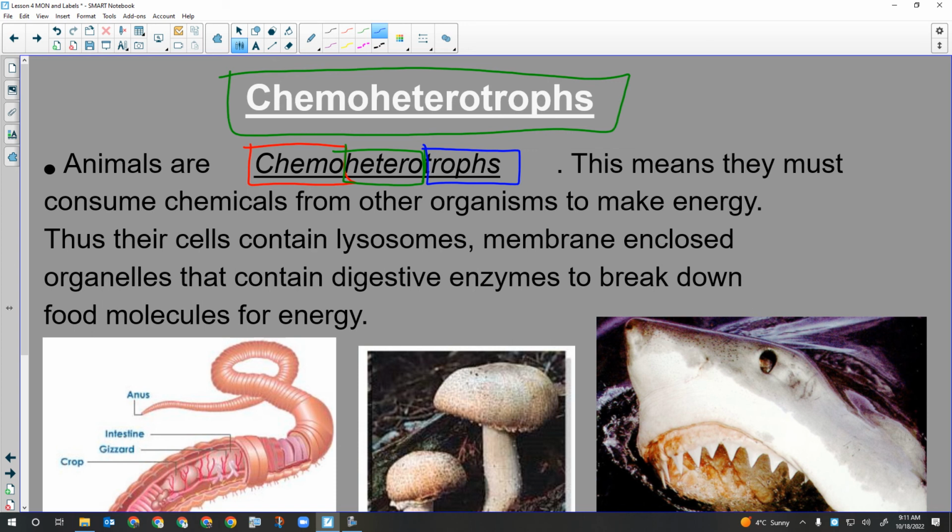And they often digest their food more than once. I don't know if anyone's ever seen a cow chewing their cud. They actually vomit up what they've eaten and chew it again and then swallow it. Rabbits, even worse. They eat their own poop, because the second time through, they can get even more energy out of it.